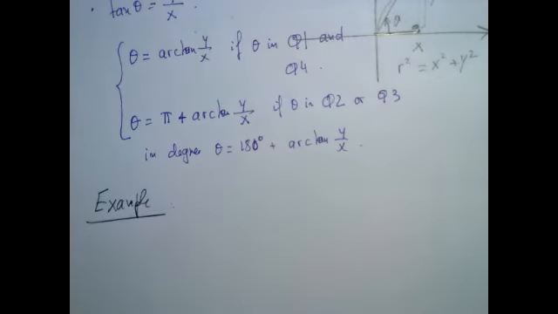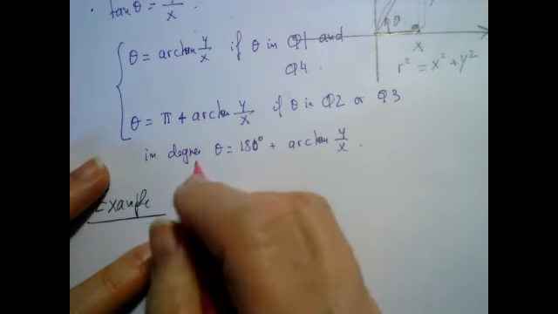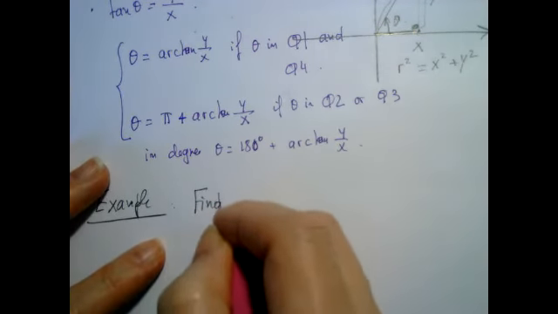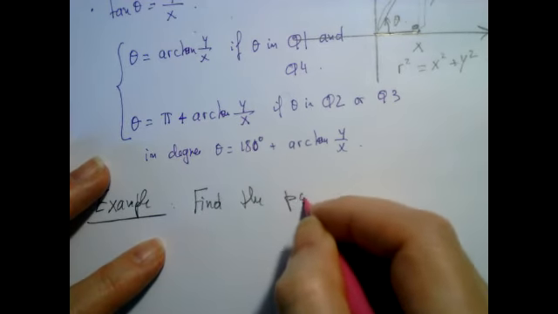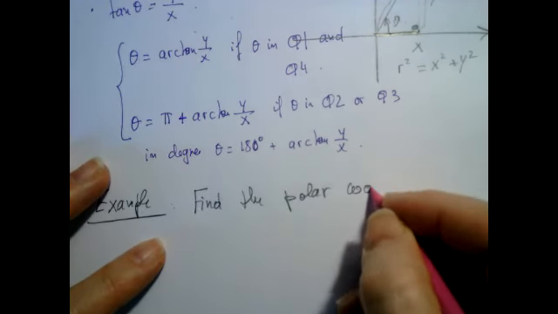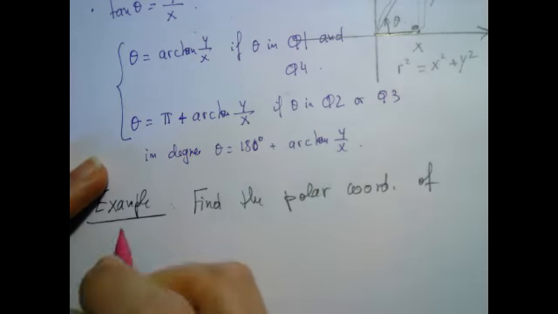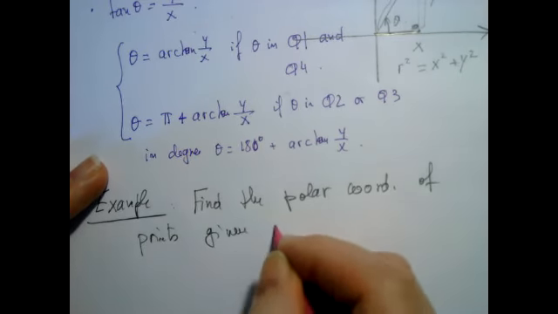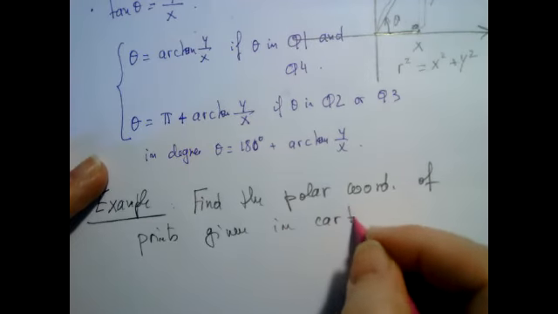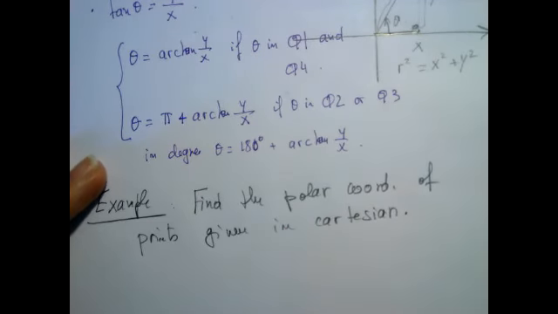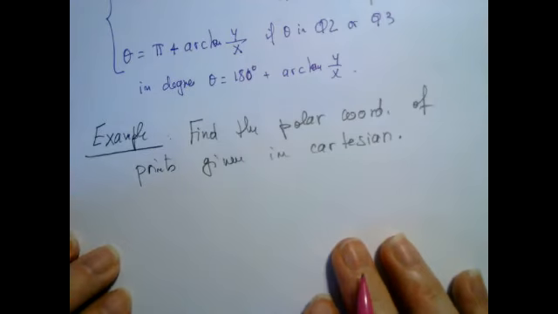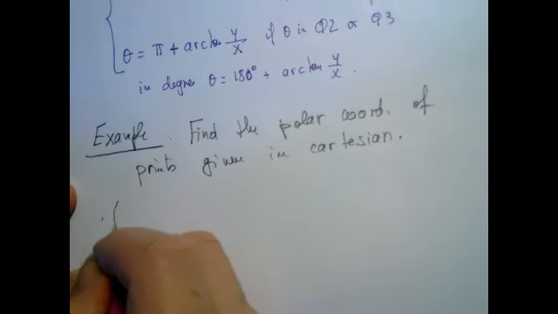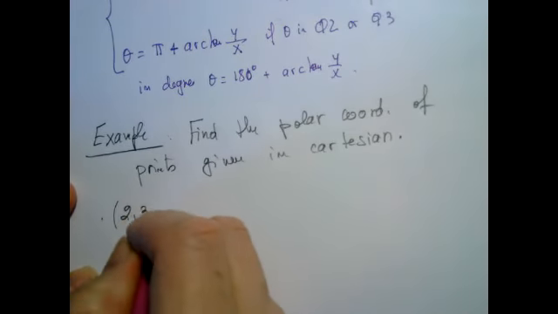Okay. So the first example is, I'm going to give you the point in Cartesian, and you have to find it in polar. So find the polar coordinate of the following point given in Cartesian. Now, let's see how we're going to do that. So the first point is 2, 3.